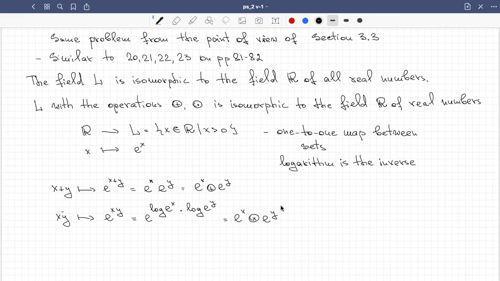Similarly, multiplication looks this way, if instead of x and y, we want to write e to the x and e to the y. That's all. So actually what we proved is that L with these operations is isomorphic to the field of real numbers. This is a proposition, and this is the proof of this proposition. That's all for the proof.